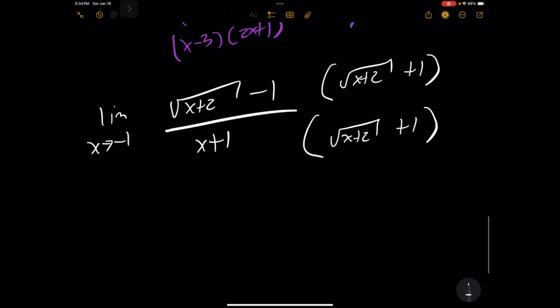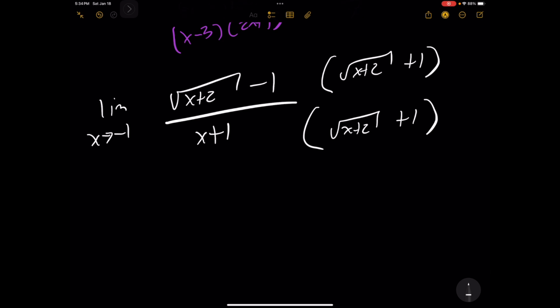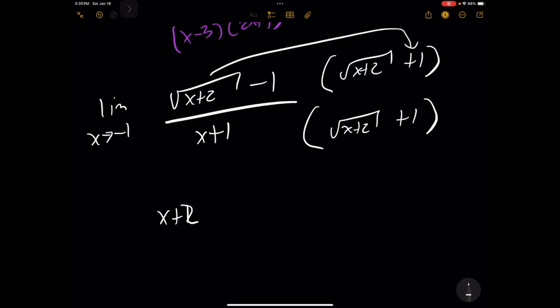If I FOIL the top, I get root x plus 2 times root x plus 2, which is just x plus 2 with no root. Then we're going to get plus root x plus 2 with this term, but minus root x plus 2 with this term. The two are going to cancel, and we're left with just the minus 1 times 1, which is just going to be minus 1. And that's across the top.